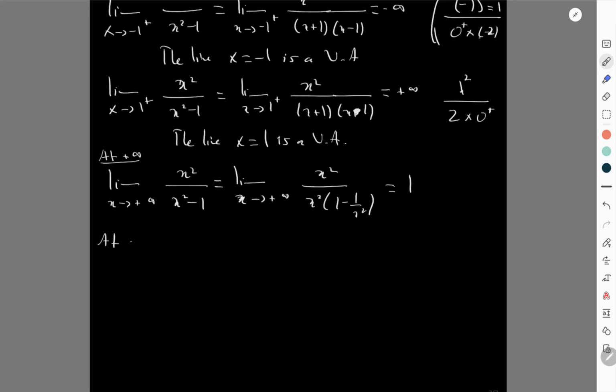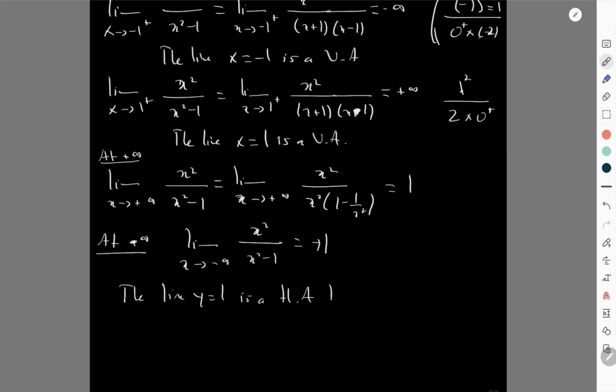And at minus infinity, in that case, the answer, as you know from experience, will be the same. We'll not do the calculations. So the line, oops, this is 1 here. The line y equal 1 is a horizontal asymptote to y equal x squared over x squared minus 1 at plus infinity and minus infinity.